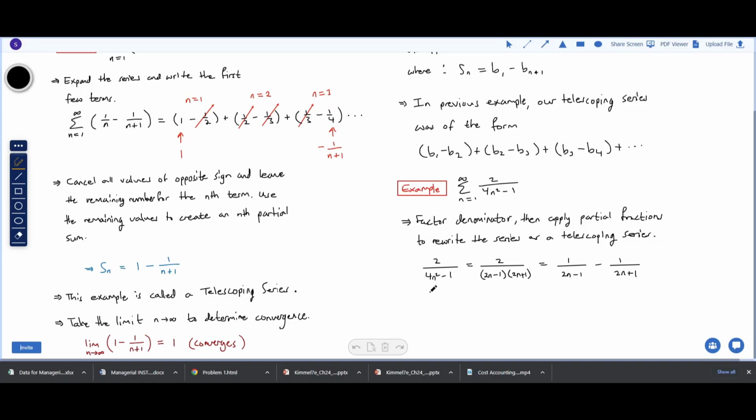Okay. So let's write out the first few terms and see if we can spot a pattern. Let's start with n equals 1. When n is equal to 1, we have 1 over 2 minus 1, which is just 1 over 1, and over here we get minus 1 over 2 plus 1, so that's minus a third.